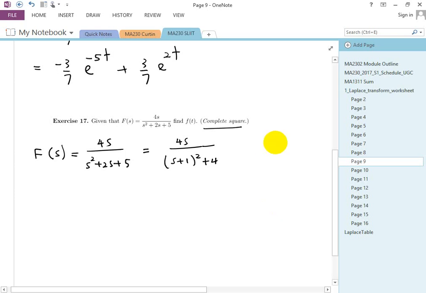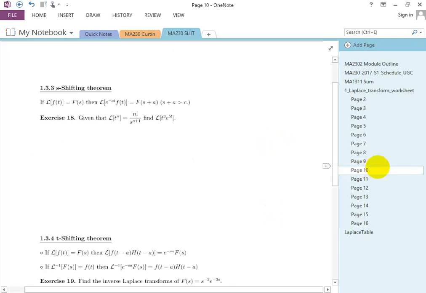A little later means we will do what we call shiftings right now. After we do this, you can try that earlier question.